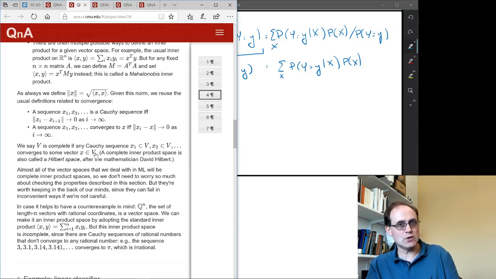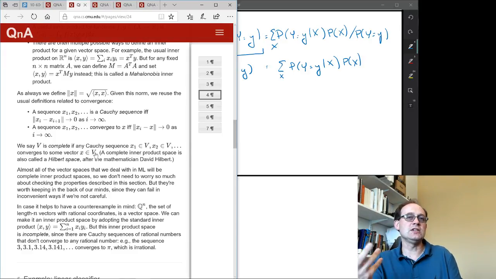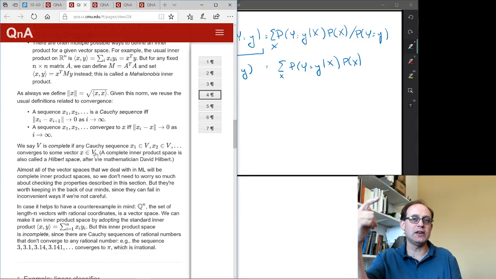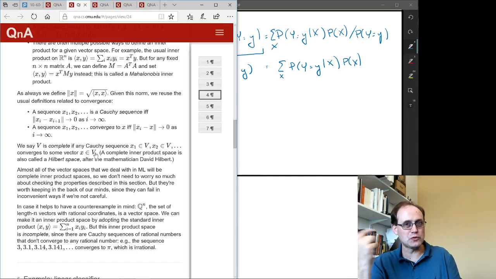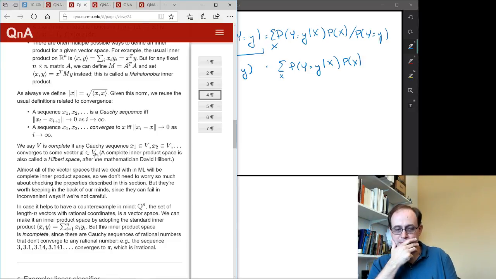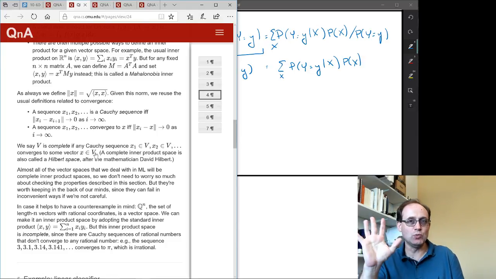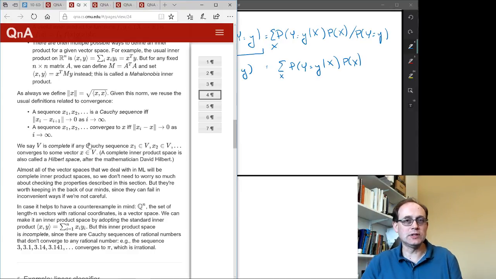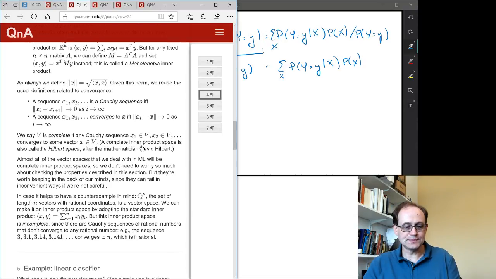We have a Cauchy sequence that doesn't converge to any value in Q. And the same thing happens in our vector space. For example, we could have each one of the coordinates being 3, 3.1, 3.14, and so forth. We would have a Cauchy sequence, and that wouldn't converge to an element of our vector space. But like I said, we're going to usually only deal with vector spaces that are complete, and so we won't have to worry about it.